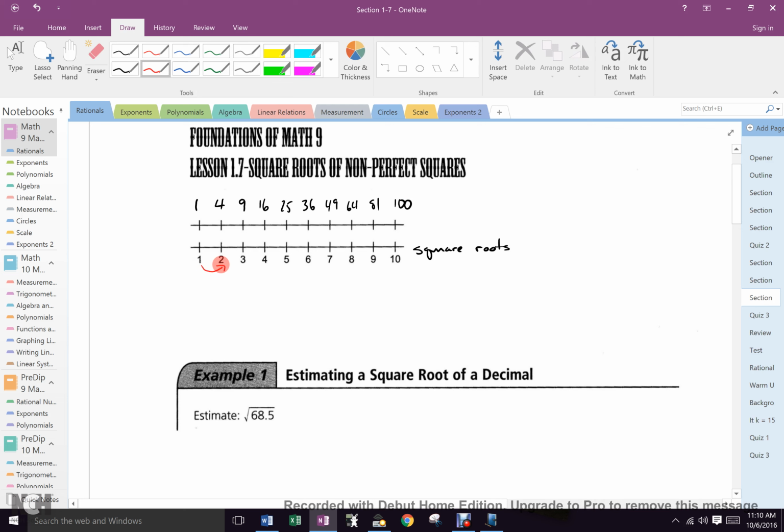How far is it from 1 to 2? 1. There's infinite numbers in there, but there's one space between them. Everybody's cool? How far is there here? 3. How far is there here? 5. How far is there here? 7. Are you noticing the pattern?